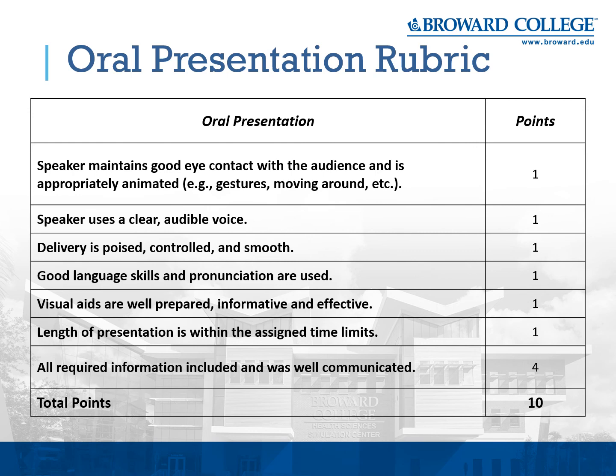You should have good language skills and pronunciation. You can use a PowerPoint. The length of your presentation should be 3 minutes, and all required information is included and communicated well. And that is your capstone. That is worth 10 points.